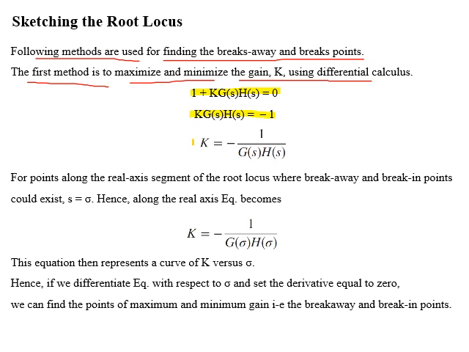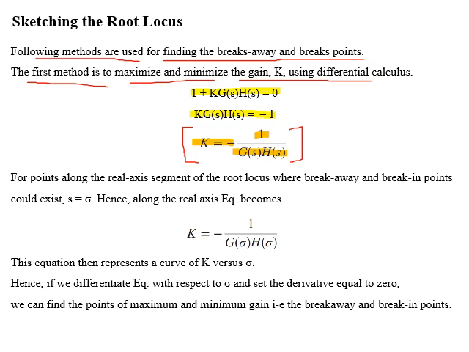As we are finding the maximum and minimum value of gain k on the real axis, we will find the relation of gain k with the real axis. For this, k will be equal to -1 over G(s)H(s).